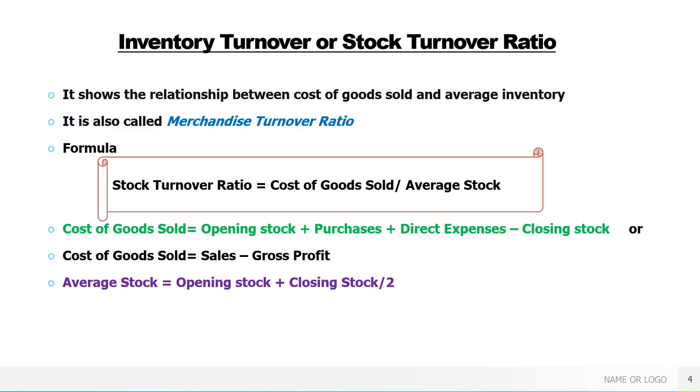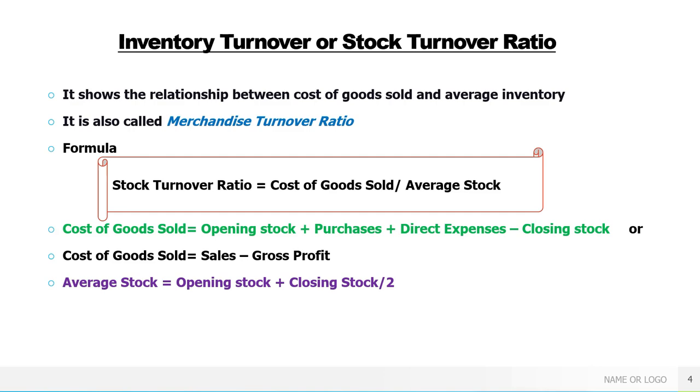The formula is: stock turnover ratio is equal to cost of goods sold divided by average stock. We can see that there are two components in the formula, cost of goods sold and average stock. The cost of goods sold can be calculated by using this formula: opening stock plus purchases plus direct expenses, including wages, minus closing stock.